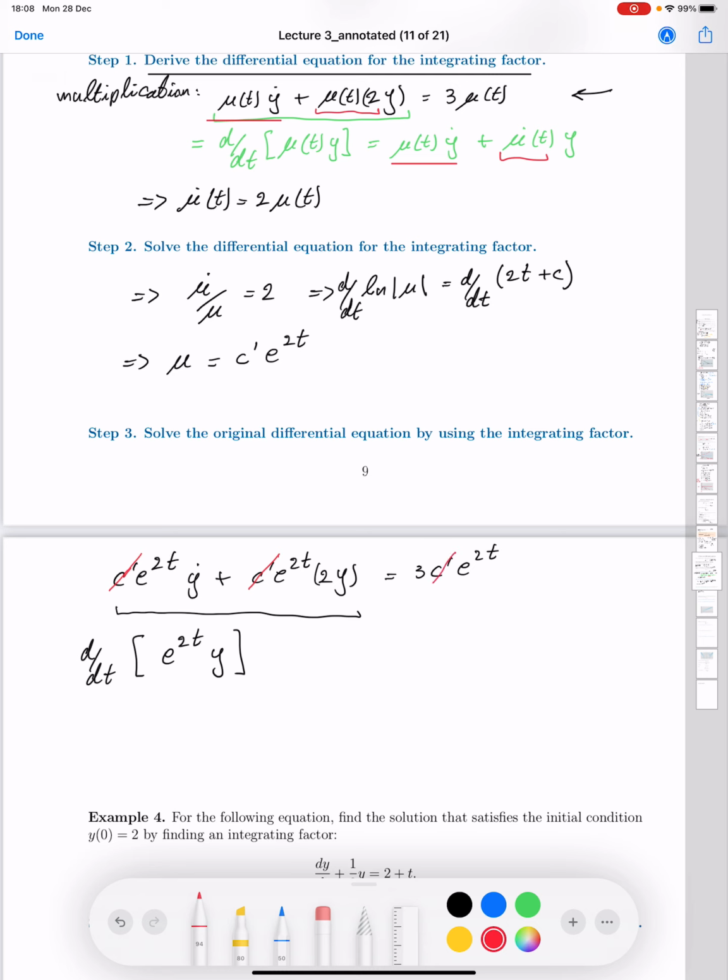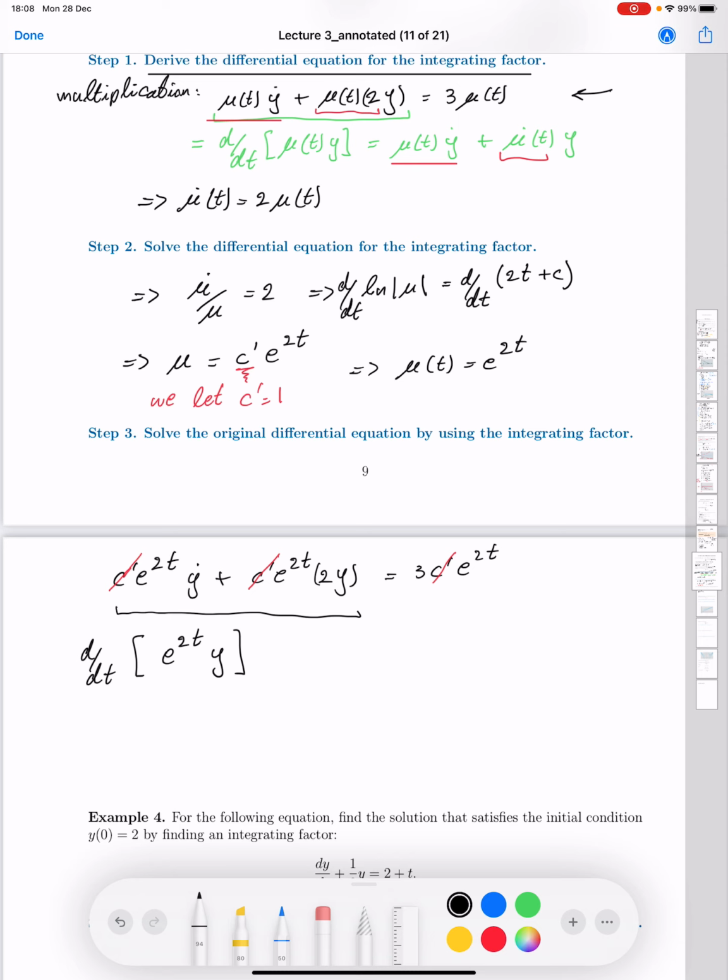Okay, and whenever I get to step 2 here, I can just say we let c prime be equal to 1, and then by writing this, I will have the solution mu of t, or just mu, equal to e to the power of 2t, just to make things simpler.